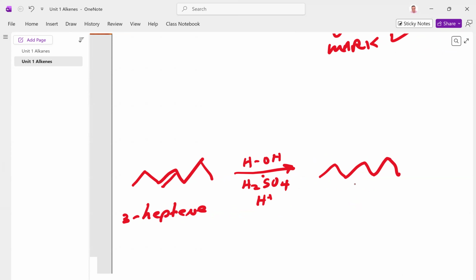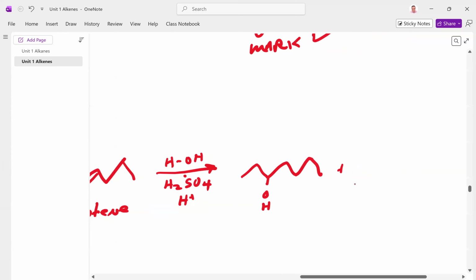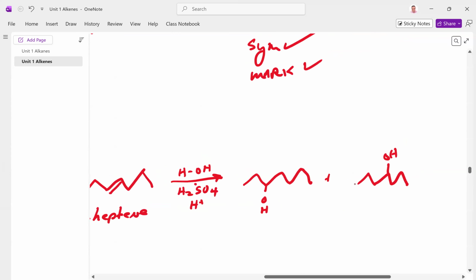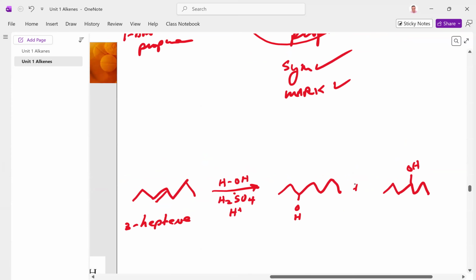And one time it'll be there. Again, it just depends how the water lands.